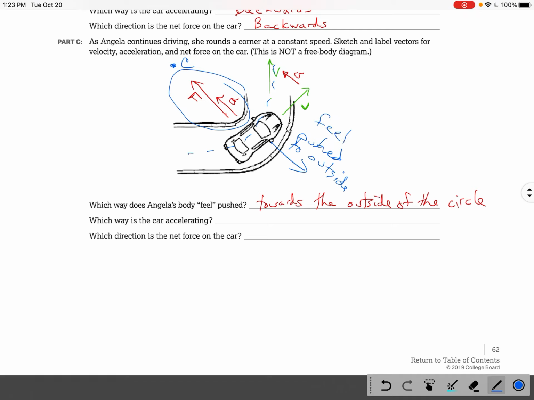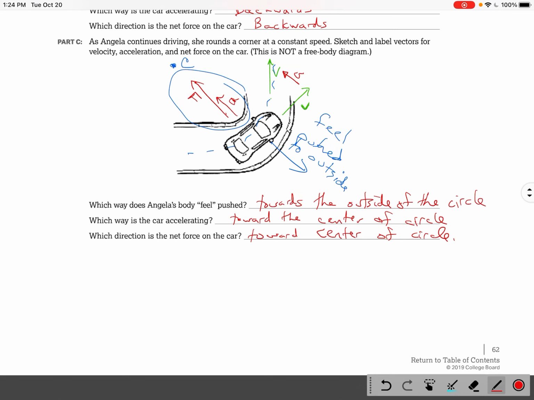Again, it's just a feeling. The car, on the other hand, is accelerating toward the center of the circle. And the net force, obviously, then must be pointed toward the center of the circle as well.